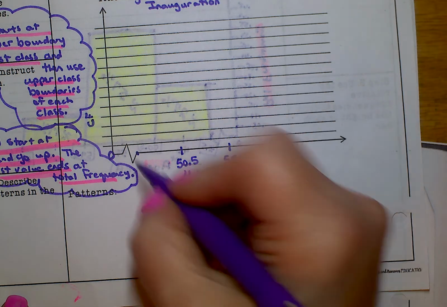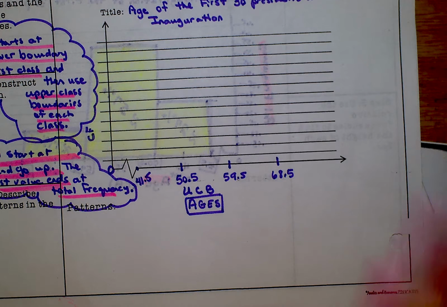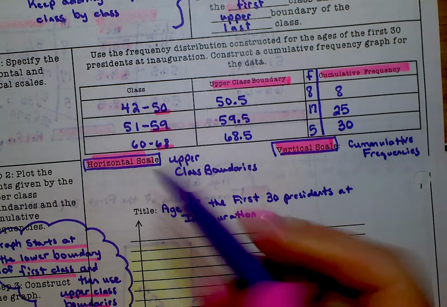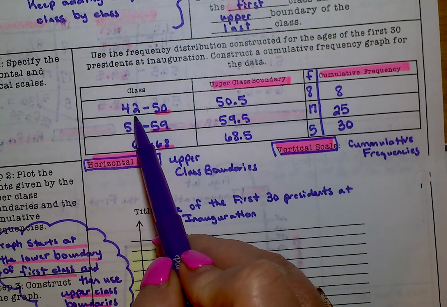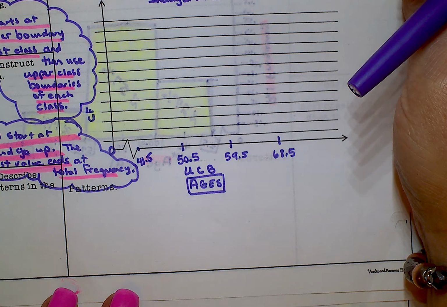And that would be 41.5. Now, if you want to go back from that and subtract 0.5, you can do that also. But if you notice there's a pattern there, you could figure that number out.